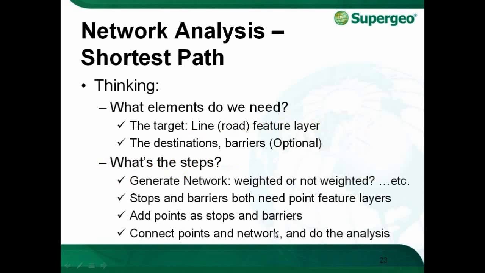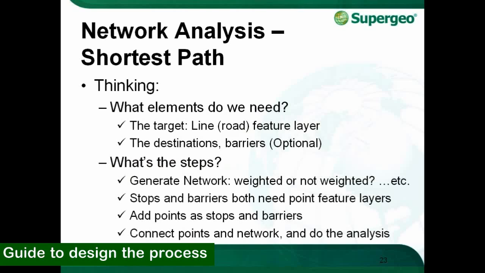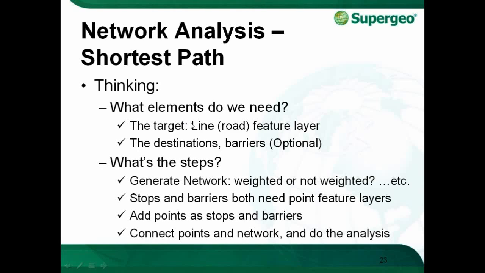Logic for designing the workflow, we may start from here. Deciding the elements. There are two essentials. We need to have a raw feature layer here and determine the destination. As for barrier, it's optional. Next part is integrating the elements with the steps.